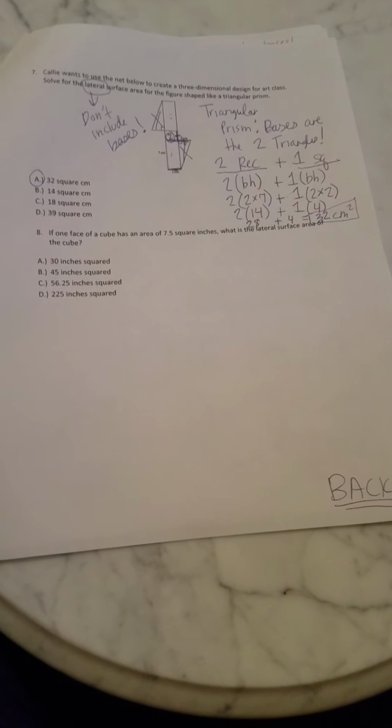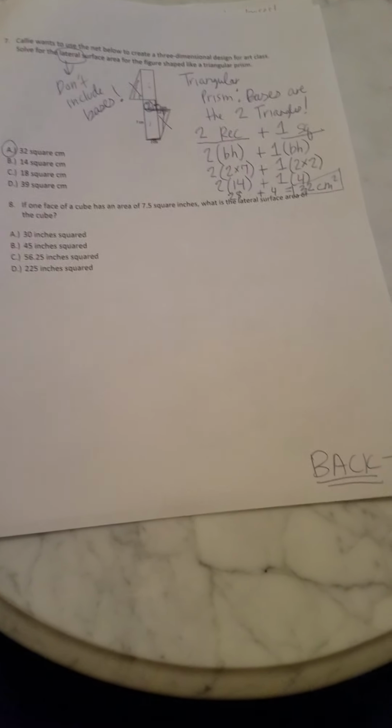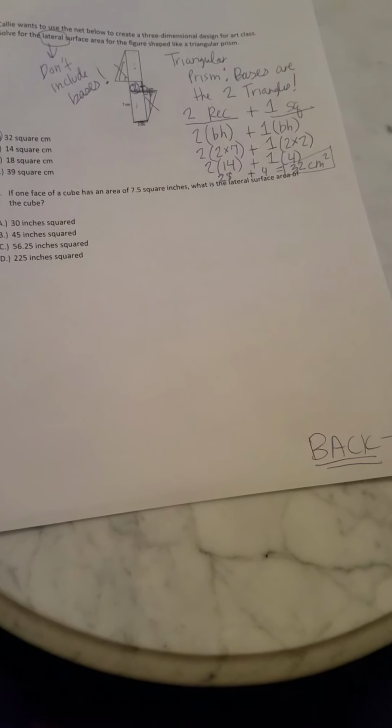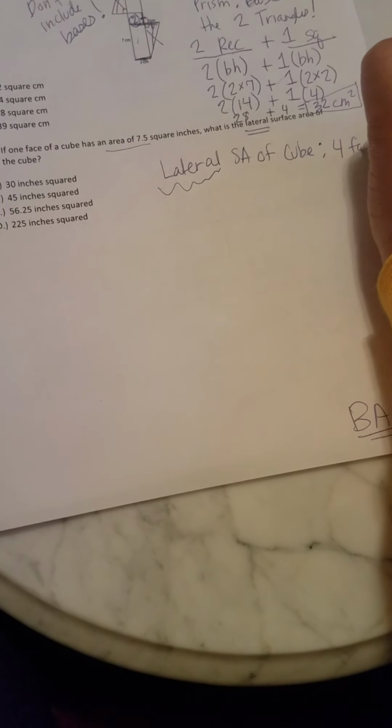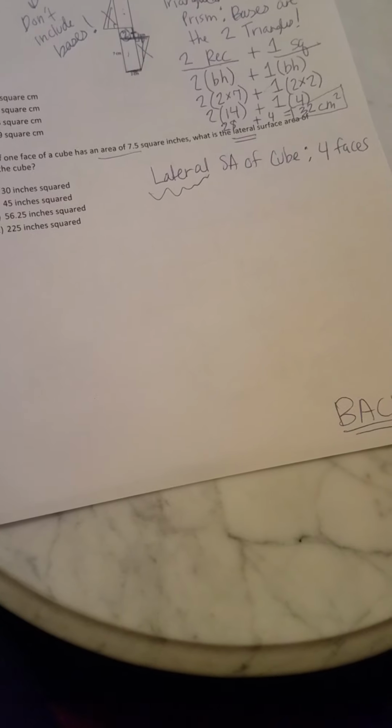Okay, number 8, if one face of a cube has an area of 7.5 square inches, what is the lateral surface area of the cube? Okay, so you want the lateral this time of the cube. The area of one face is 7.5. So the lateral surface area of a cube would have 4 faces because you would take out your 2 bases.